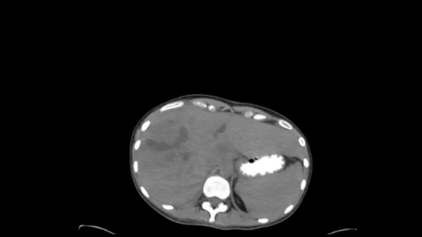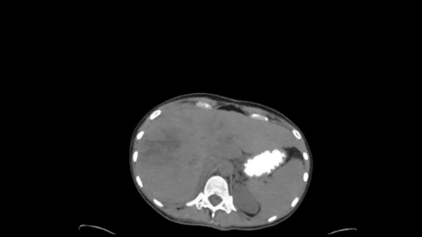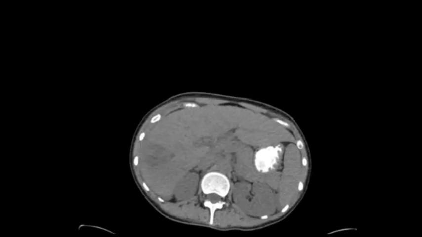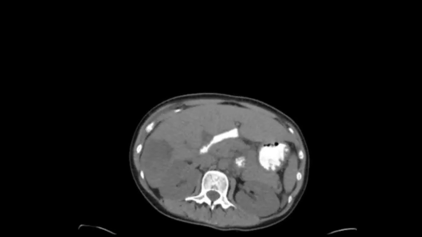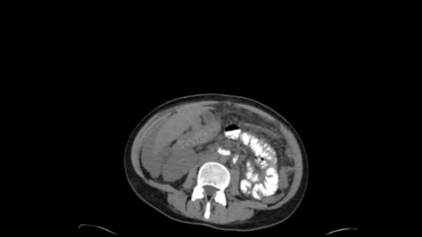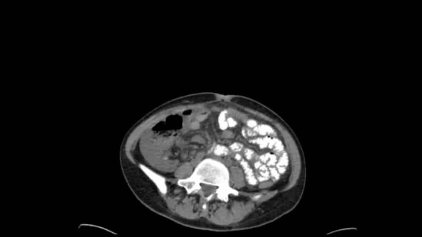There is no free fluid, and the spleen appears unremarkable. The oral contrast is seen in the stomach and small bowel loops. The pancreas, as per the native scan, also appears unremarkable. Oh no, there is dense ascites in the subhepatic area, but there is no pleural effusion.